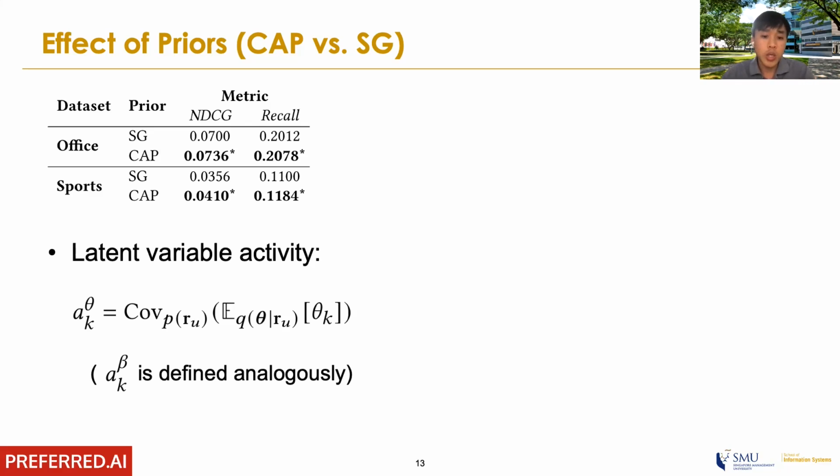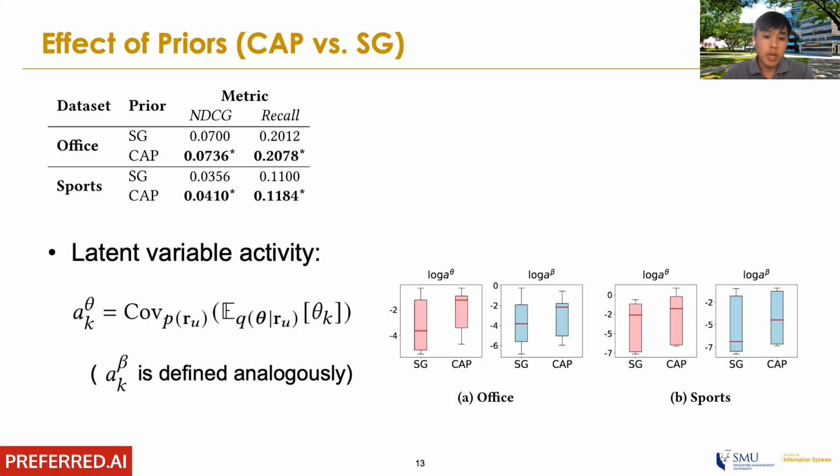This can compare how active the latent dimensions of the user and the item are. The meaning is that the more active the latent representation, the more information it captures from user and item. Here we see that the latent space of the CAP has higher variance than the latent space of the standard Gaussian, which demonstrates that the CAP captures more information.